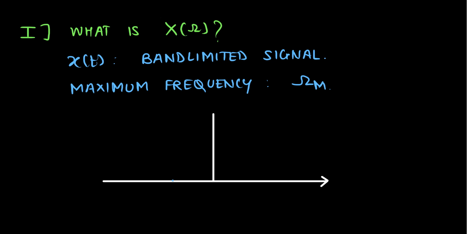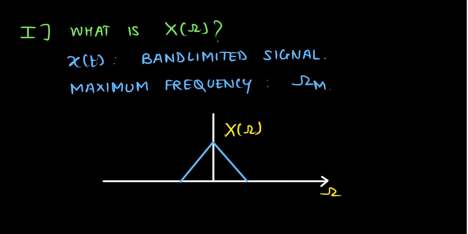The Fourier transform of this x of t is considered something like this. So this is what we have as X of omega.